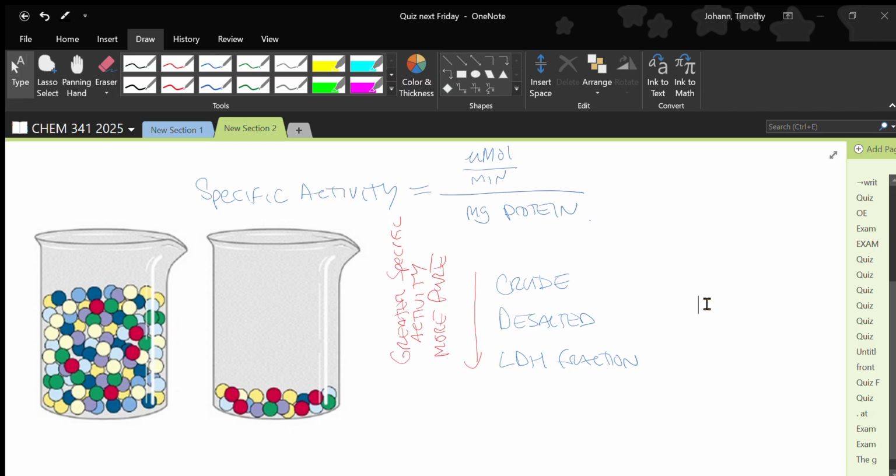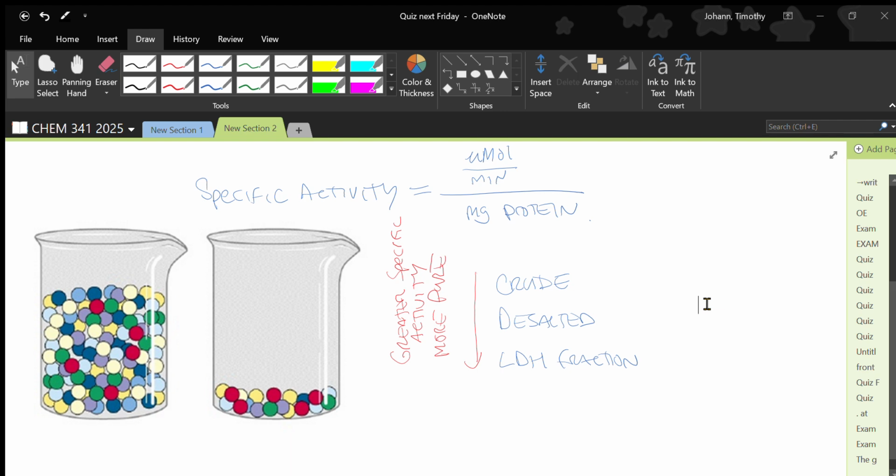Does that make sense? Okay. Did your total activity of lactate dehydrogenase change from here to here? So total activity, not per protein. It didn't. You've got 5 of these here and 5 of these here. But per amount of protein, it went up a lot.